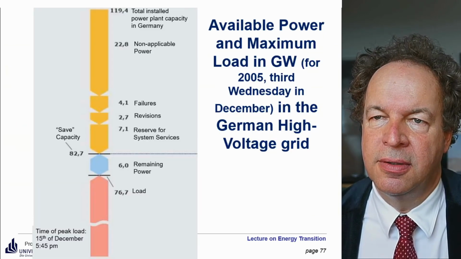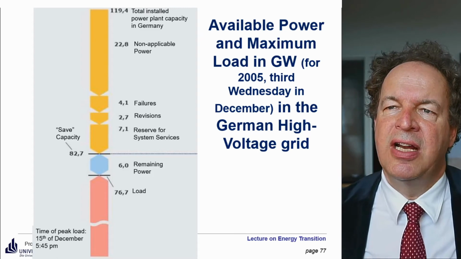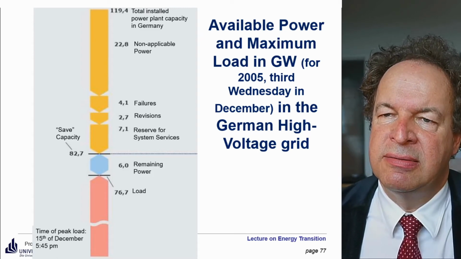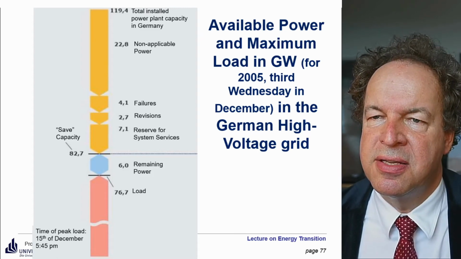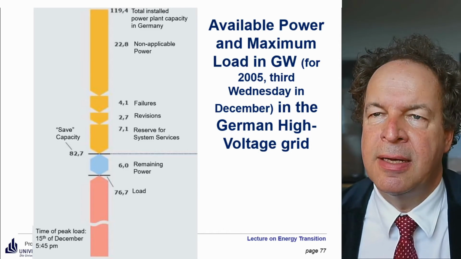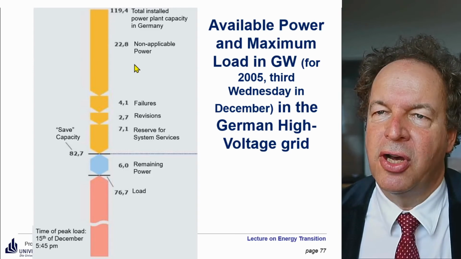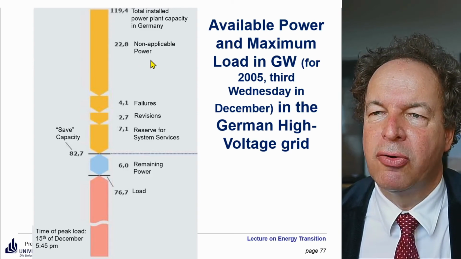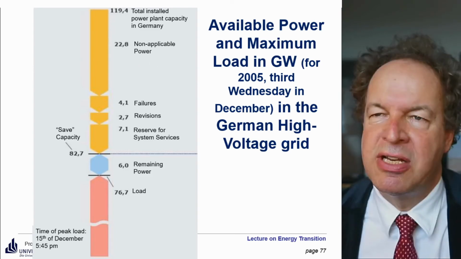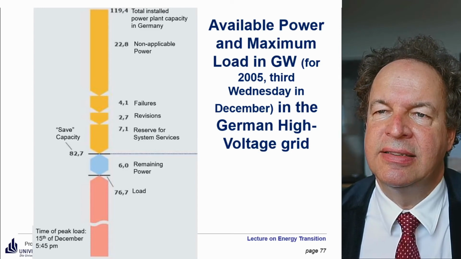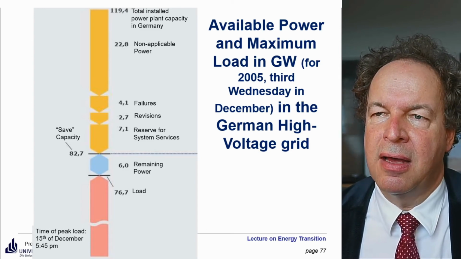So you see here the available power at maximum load. Traditionally they say there's a maximum load, and the traditional people call wind and solar power not applicable power, because they don't know whether this power is available. That's a bit of a pity.